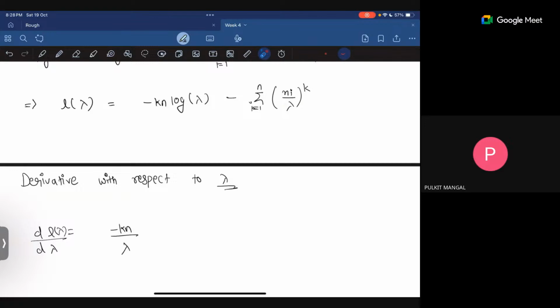So maybe for simplicity, just imagine that your term is only xi by lambda power k, and try differentiating that. The summation will just come along. What will be the form that you will get after taking the derivative?